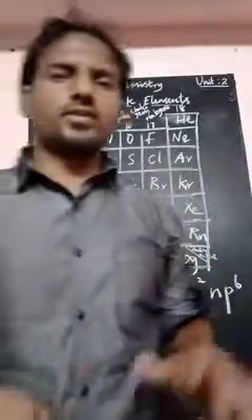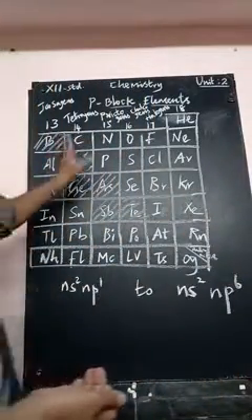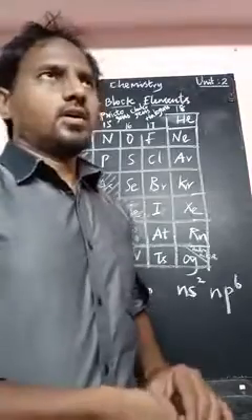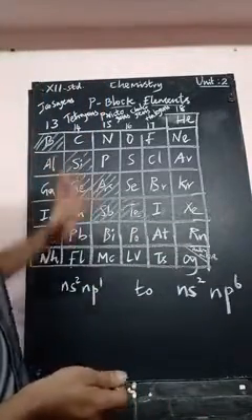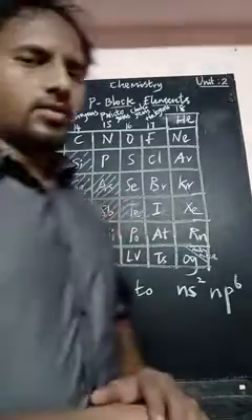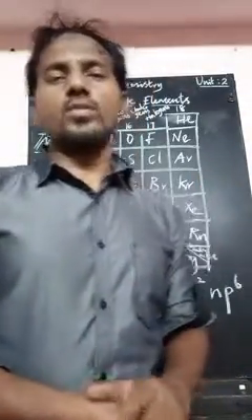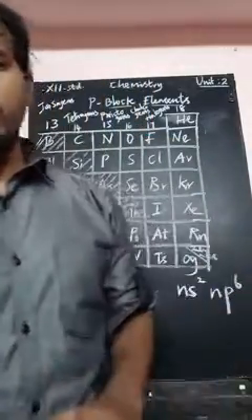Even their hydrides, the boron hydrides and silicon hydrides, are easily hydrolyzed. And in group 14, carbon is a non-metal, whereas silicon and germanium are semi-metals, and the others are metals. Carbon has a greater tendency to form chains of bonds with itself or with other elements. That is catenation.